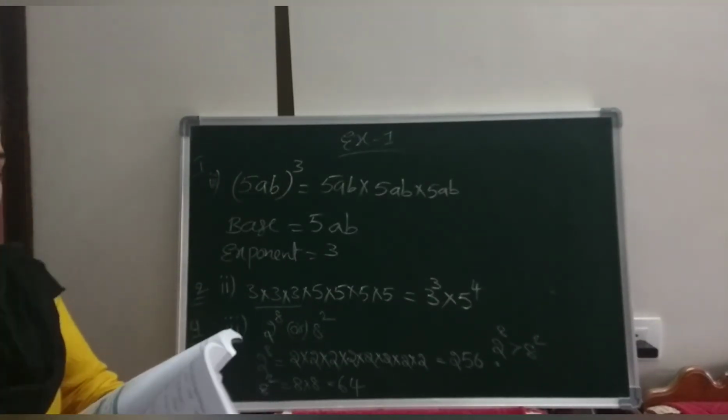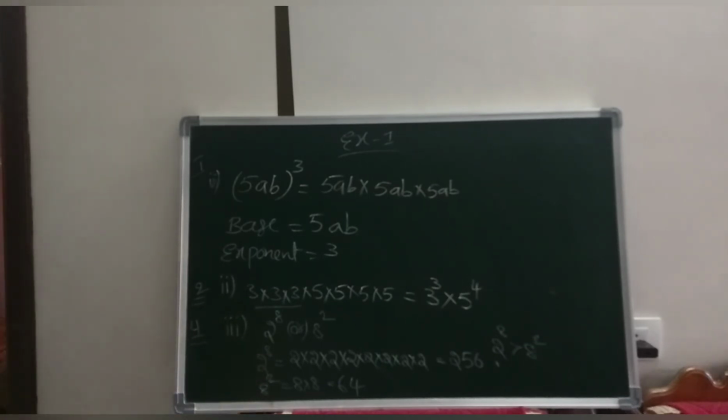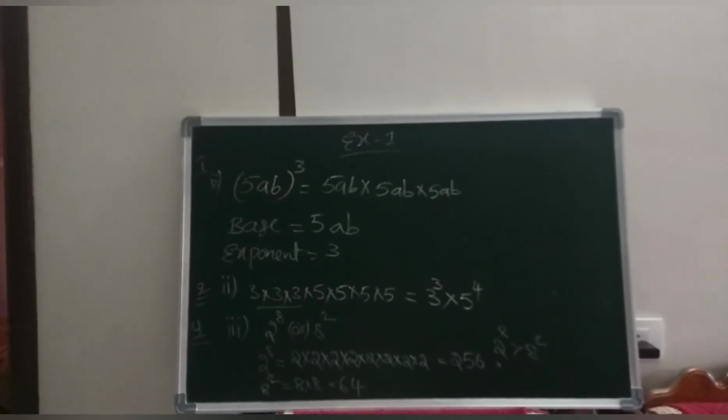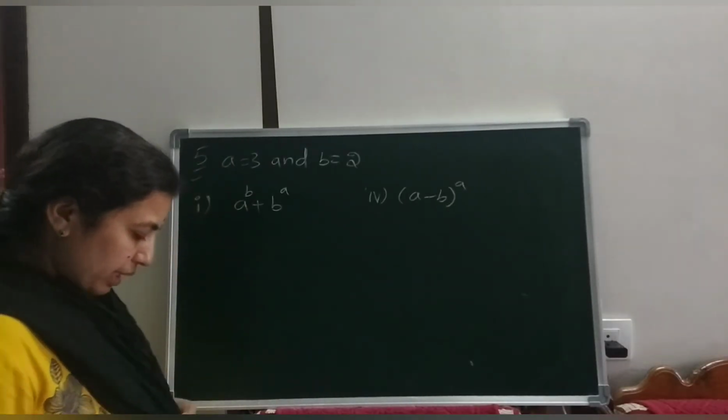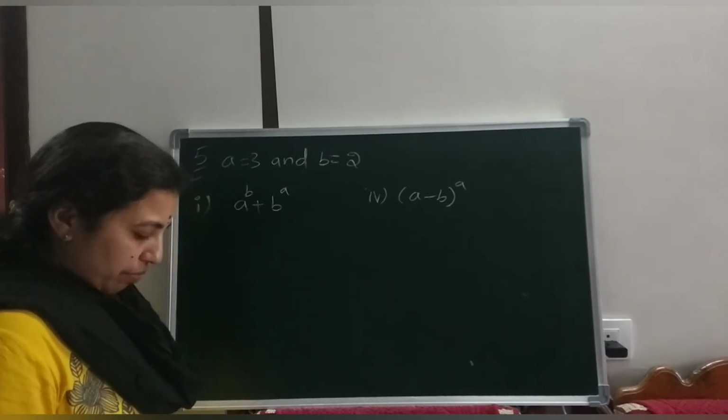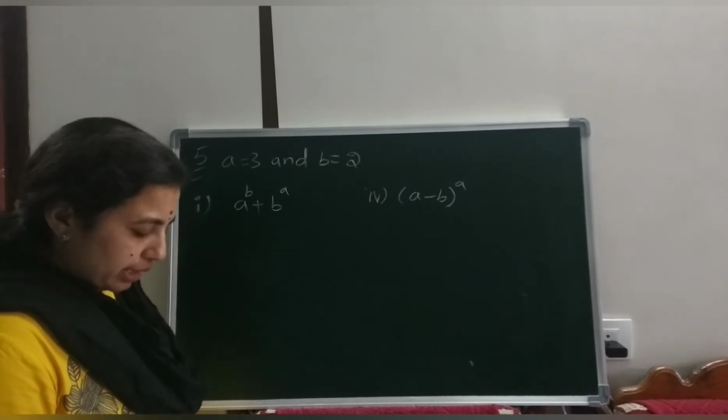Next, fifth bit. Only one bit left. Fifth bit is: if A is equal to 3, B is equal to 2, find the value of the following. Here they have given 4 in that fifth bit.